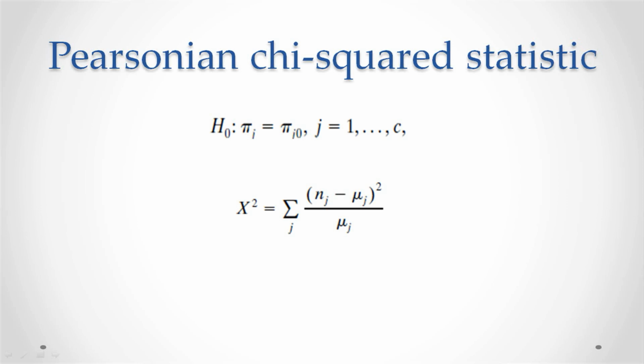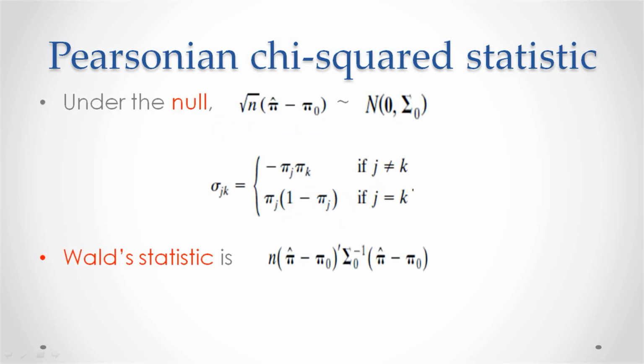You all know that the chi-squared statistic of goodness of fit is given by chi-square equal to summation over j of (nj minus mu j) squared by mu j, where mu j is the corresponding mean frequency for the various categories under the null hypothesis. This can be used as a test for goodness of fit, because under H naught we can expect the statistic to be small, and in case of a lack of fit we expect the statistic to be large, so that we can have a right tail test based upon the chi-square distribution.